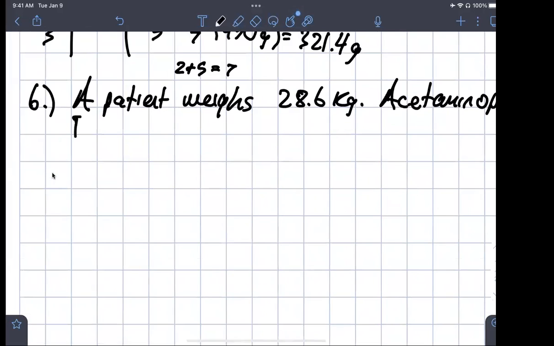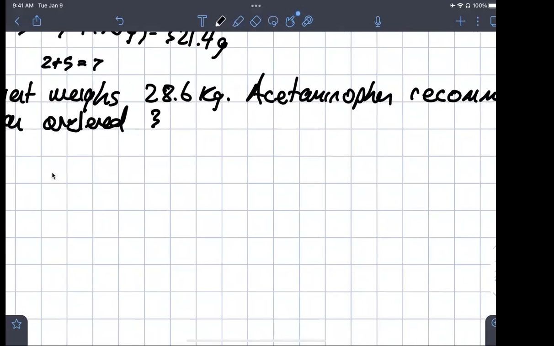The physician orders 325 mgs per day. Okay, so on these, you have to think of 4 things.